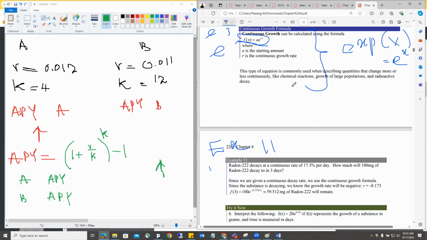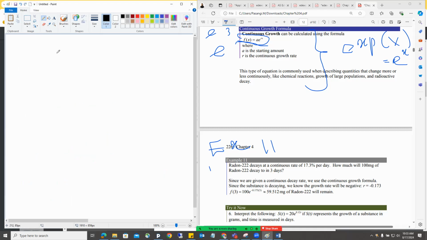It's a fixed value. So here in 3 days, the value of R is 17.3%, that means 0.173. Okay, let me write. So here the initial value, starting value A is 100 milligrams.